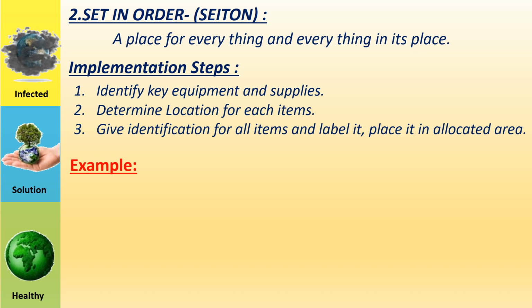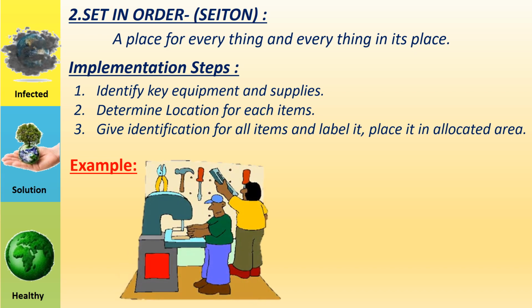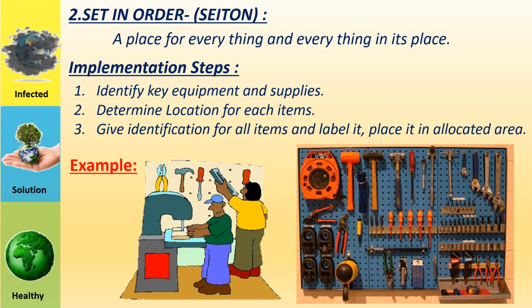So after determining the location, we need to provide a label for the allocated area for each and every item. In this picture, you could see the cutting pliers, spanners and all placed in the right place, and this is how we need to do set in order in our workplaces.